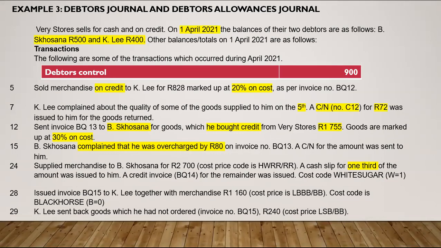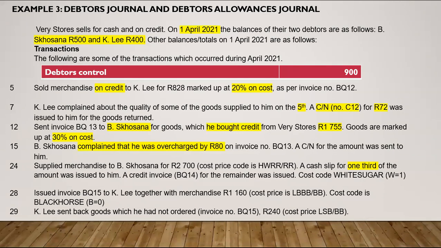Just to recap, when we sell goods for cash, they will be recorded in the CRJ. When we buy goods for cash, we'll record that in the CPJ. When we buy goods for cash, but for a small value, we will record that in the petty cash journal.